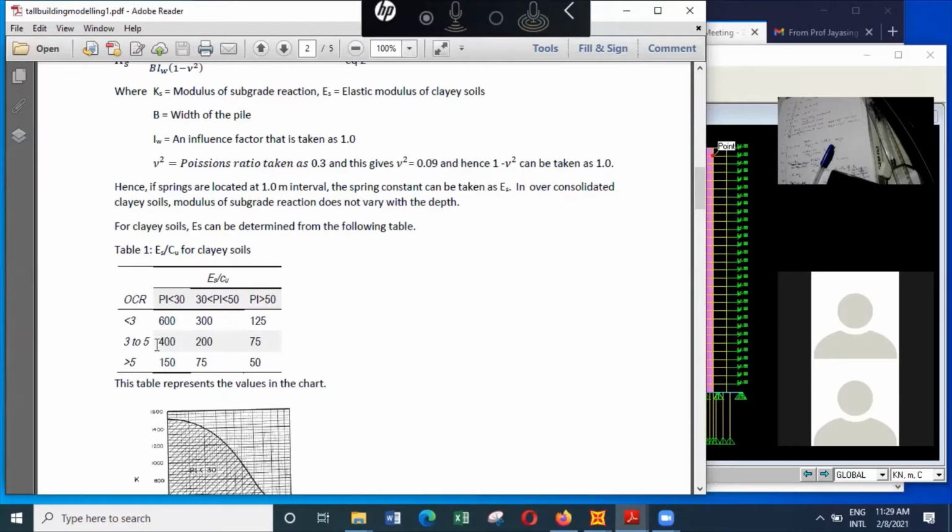And if you think during the history of this location that this soil has been subjected to very high stresses, then you can even say the over consolidation ratio is greater than 5.